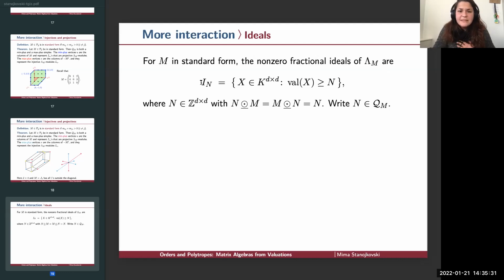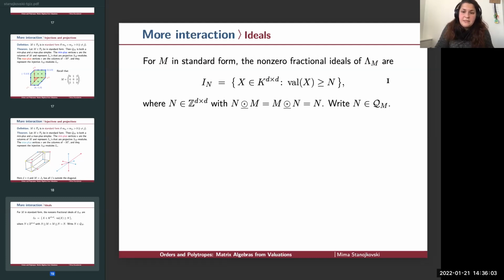Well, the ideals of lambda m are parametrized by, you define them in the same way as the lambda m, but you ask for your defining matrix to satisfy this condition. So it's really a bit like an ideal. You ask that left multiplication and right multiplication preserves your object, and we collect all these matrices that do this in a set that we call QM, which is the ideal.